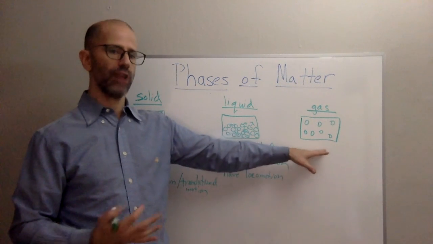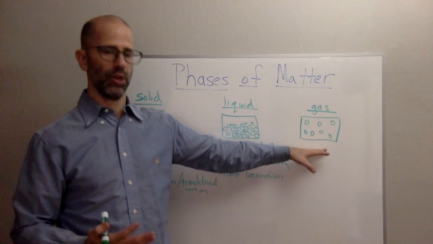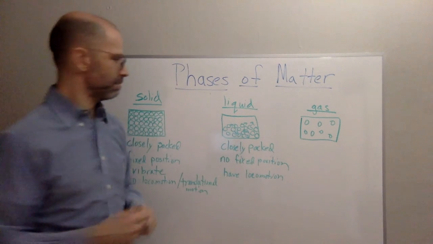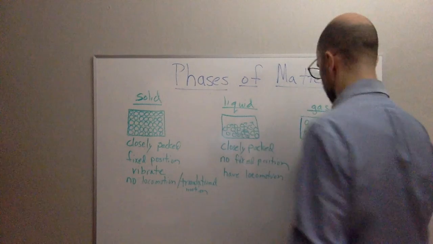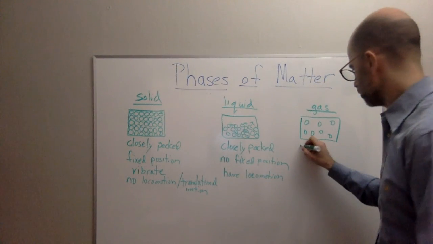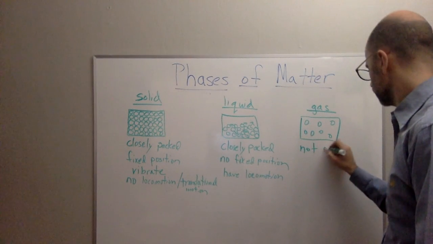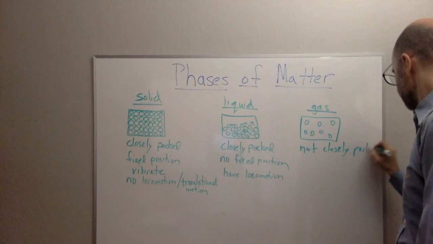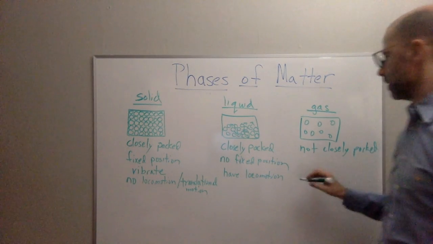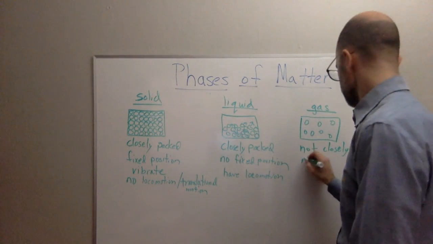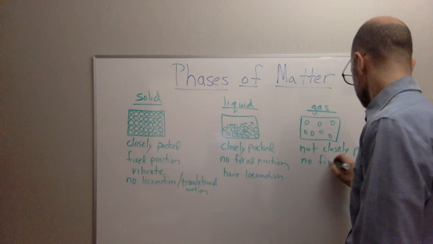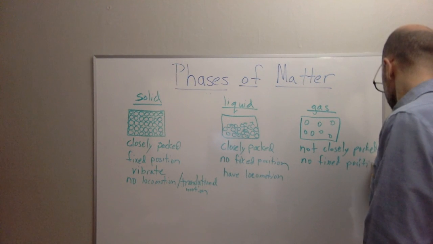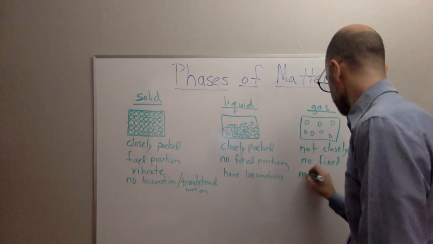Here the attractive forces aren't holding them very close together, so they can move away from each other. So here, not closely packed. There's no fixed position. They can move away from each other.